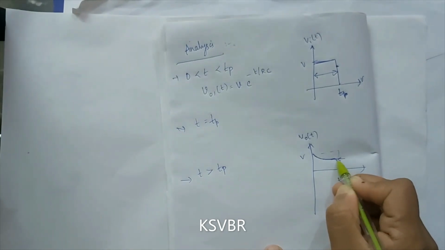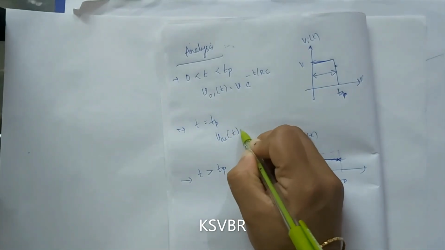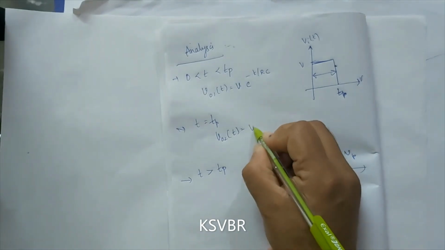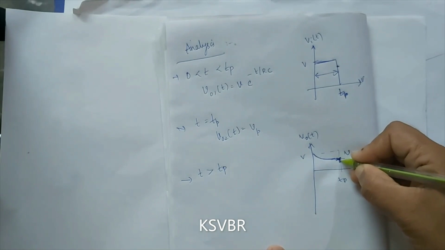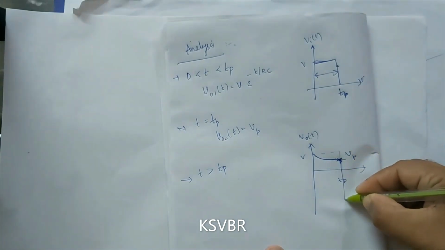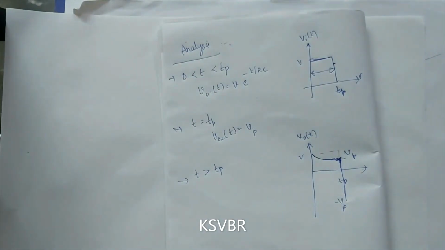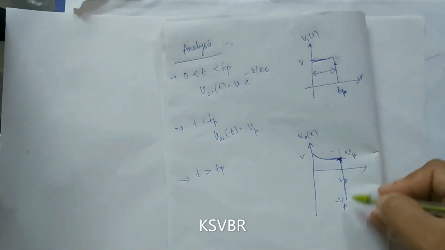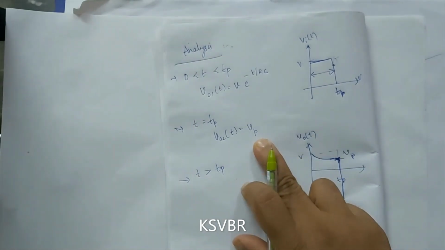At t is equal to tp, it reaches a value called Vp. From this Vp it will fall to a voltage called minus Vp, because the capacitor won't allow sudden changes, so because of this time limitation it falls from Vp to minus Vp. So V0 of t is equal to Vp only.